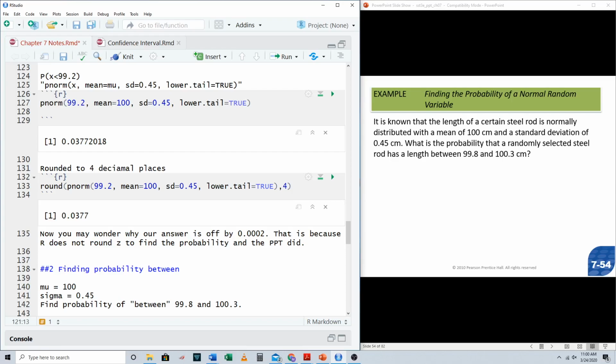If it's too short, it's thrown away, or sent back so they can melt it down, recycled, hopefully. If it is too long, then it needs to be recut. So we want to find the probability that it's between 99.8 and 100.3, because apparently that's acceptable.